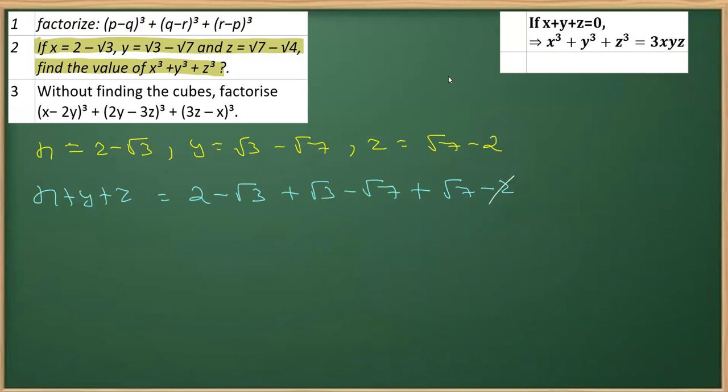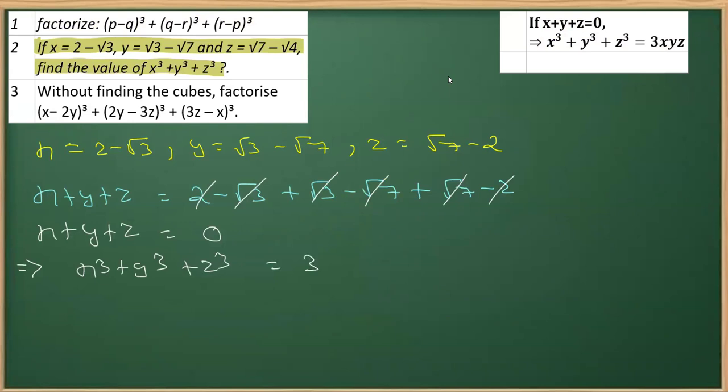Now check here, this 2 and minus 2 get cancelled, minus root 3 plus root 3, and so is minus root 7 and plus root 7. So here too we are getting the sum of x plus y plus z as 0. This implies that x cube plus y cube plus z cube should be equal to 3xyz.